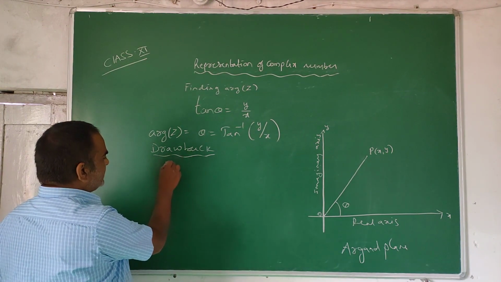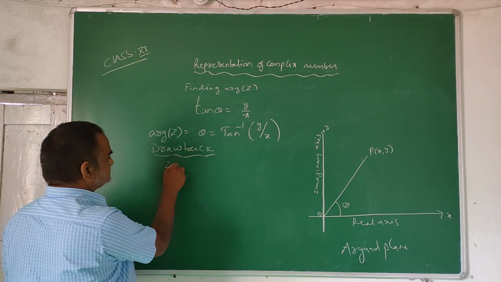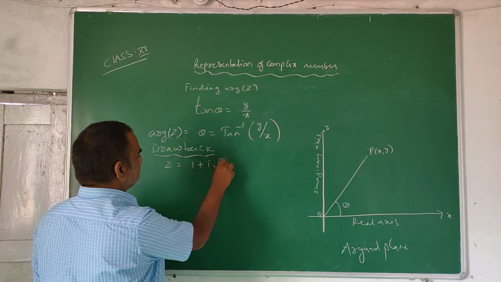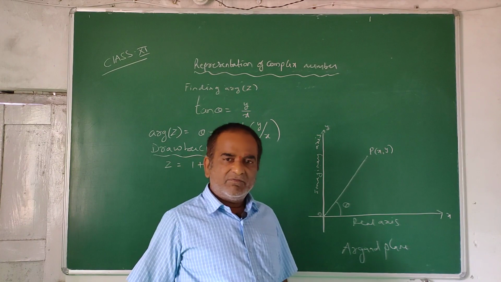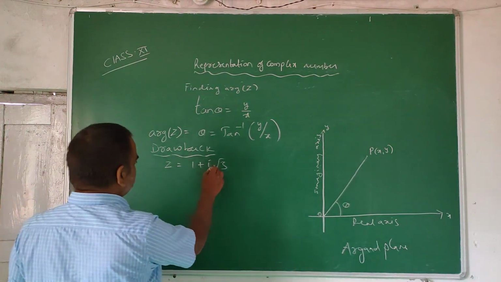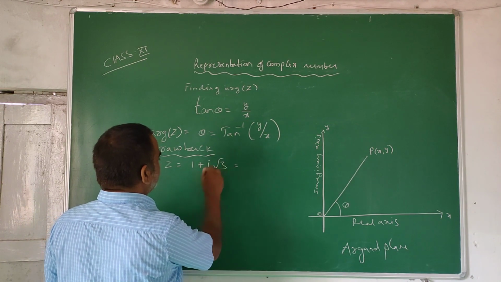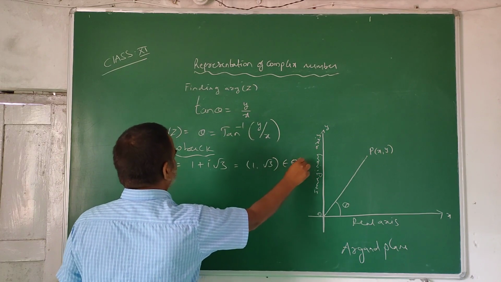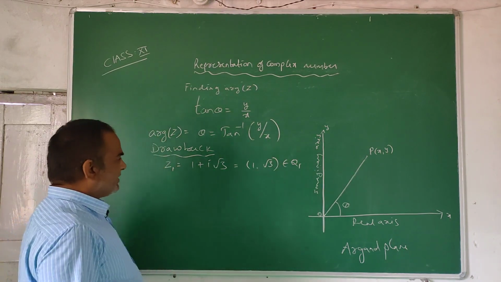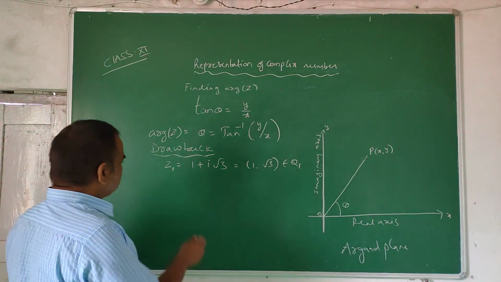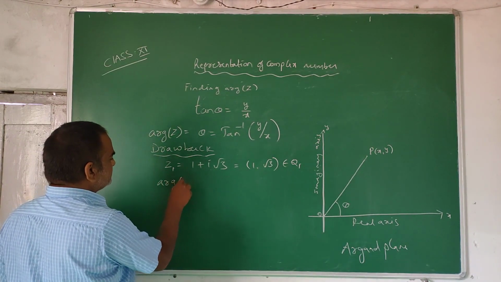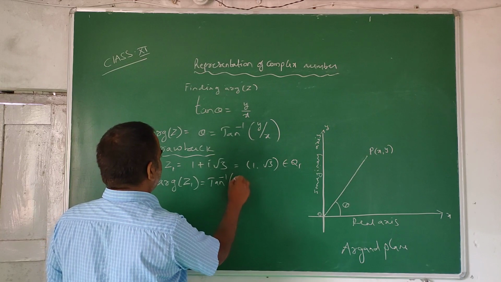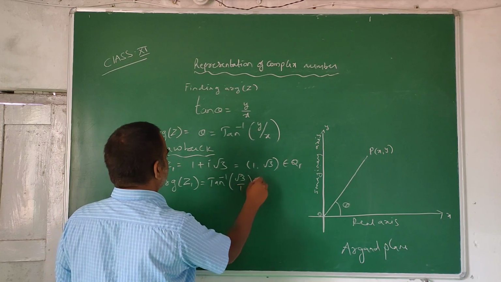Suppose take a complex number z, say for example this is 1 plus i root 3, which represents the point (1, root 3), which is in quadrant 1. So this is the complex number z1. Now what is the argument of this? So tan inverse y by x means tan inverse root 3 by 1, which is equal to tan inverse root 3.